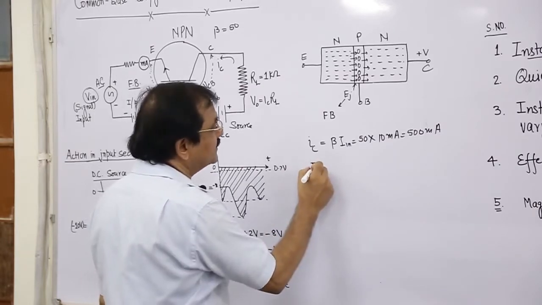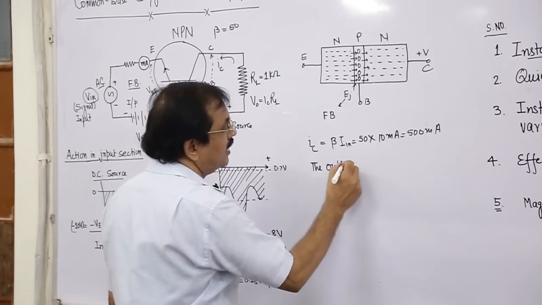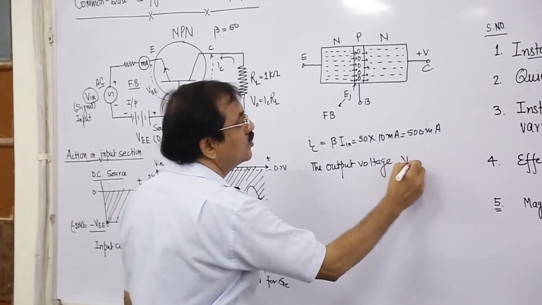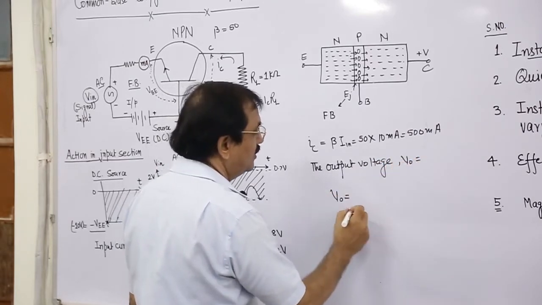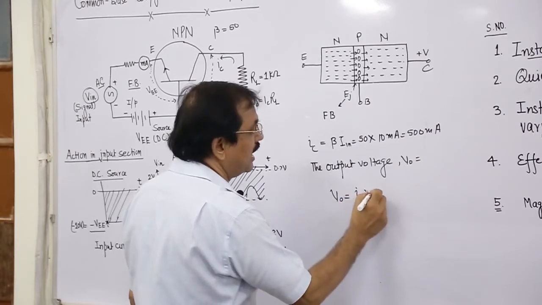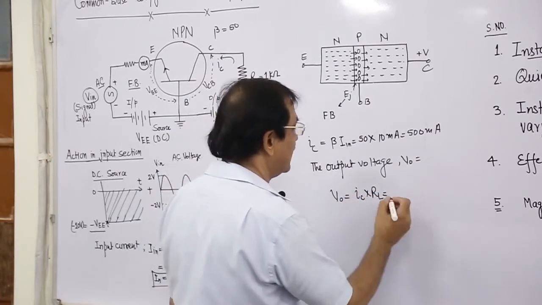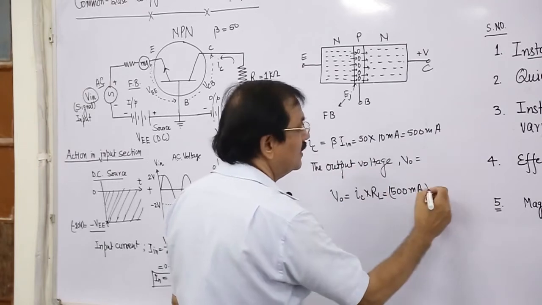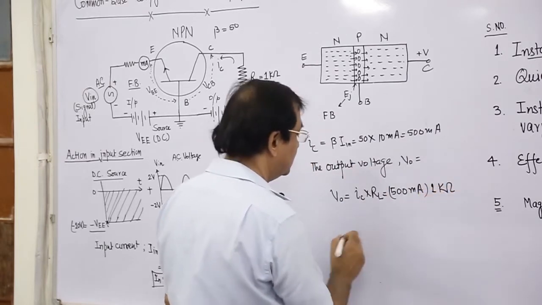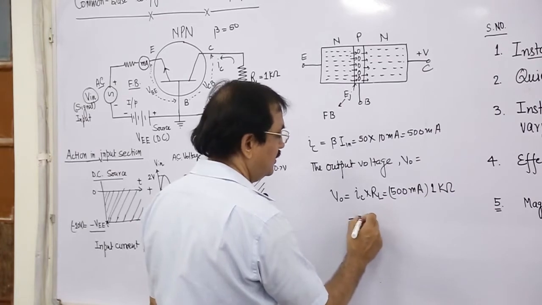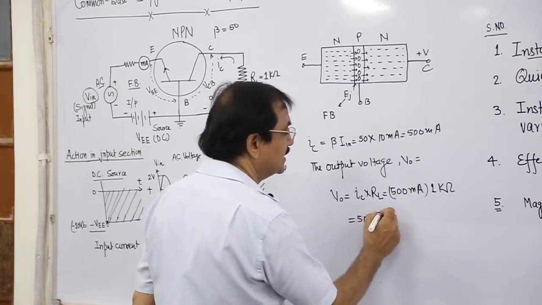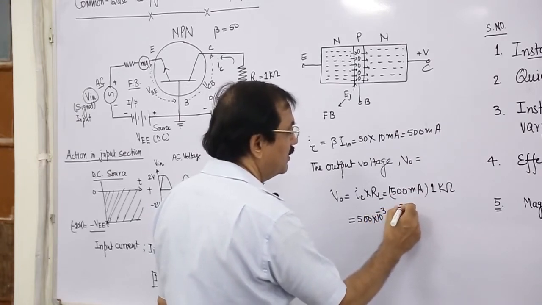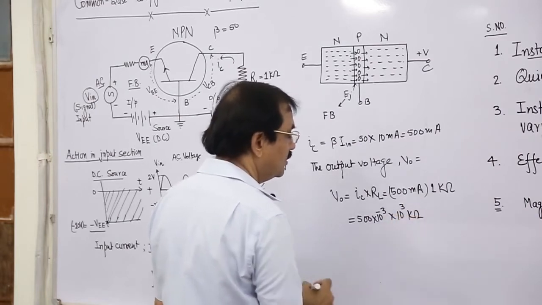So the output voltage V_0 is equal to I_C times R_L. I_C is 500 milliampere and R_L is 1 kilo ohm, that is 500 into 10 to the power minus 3, and 10 to the power plus 3 for kilo.